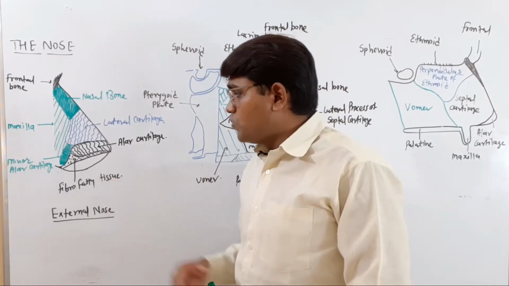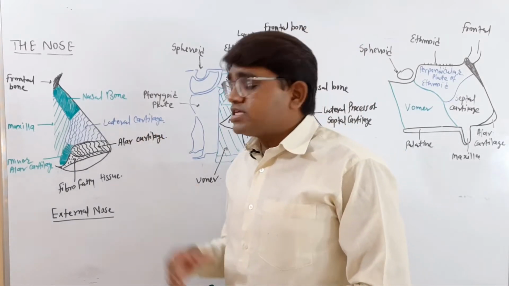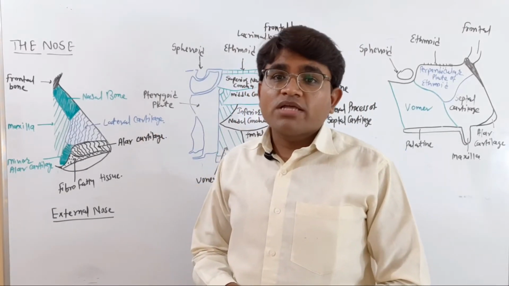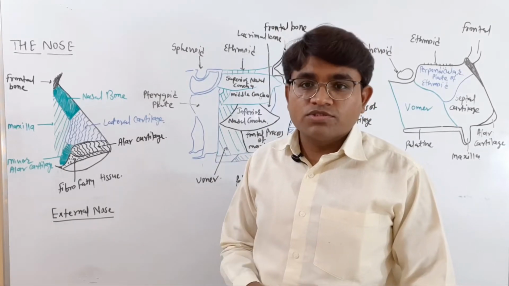Its lower part is formed by fibrofatty tissue. The external nose is supplied by the infratrochlear and infraorbital nerves.